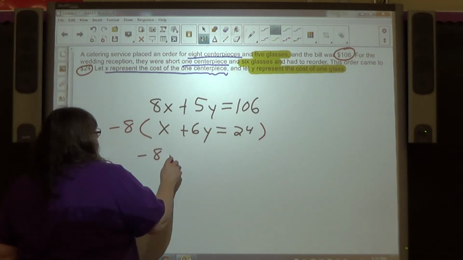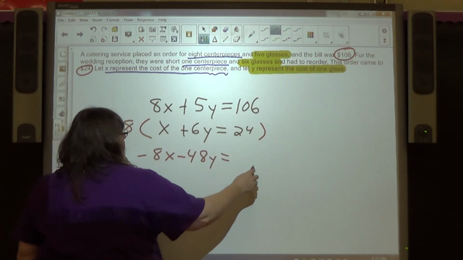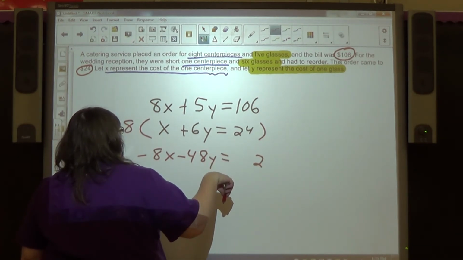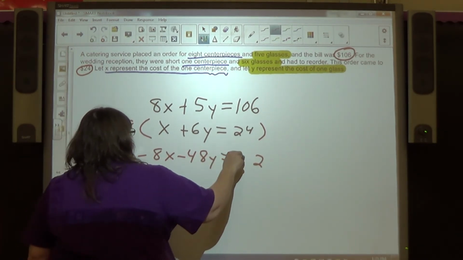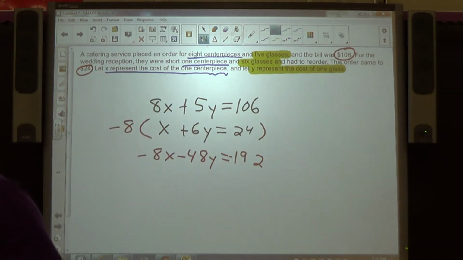So -8x minus 48y equals, let's see here, carry the 3, -192. Okay, let's make sure that that is correct. So 24 times -8 is -192, yes. Okay.